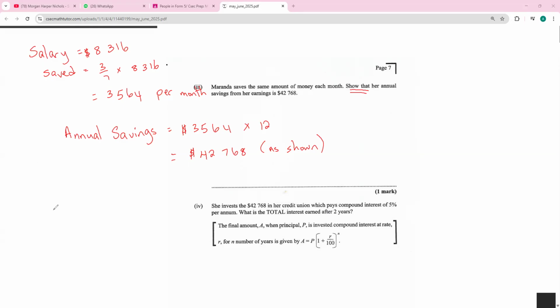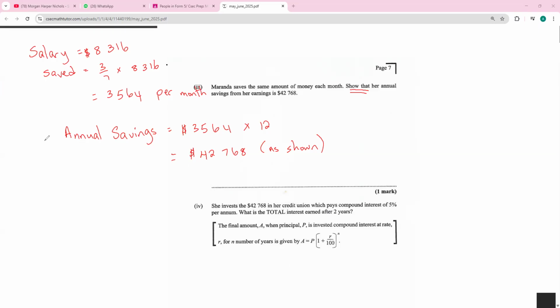Now, you're going to see A for amount, P for the principal. The principal is the amount of money. When they speak about principal in simple interest or compound interest, it is the amount of money that is either deposited into the finance place or institute, or the amount of money that is borrowed, if it's in the case of borrowing.